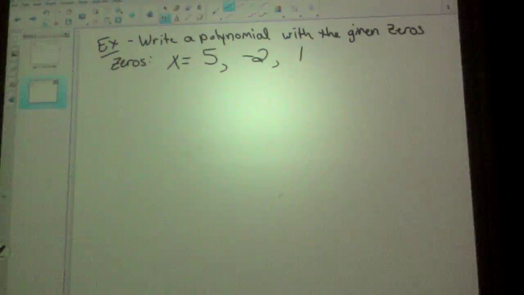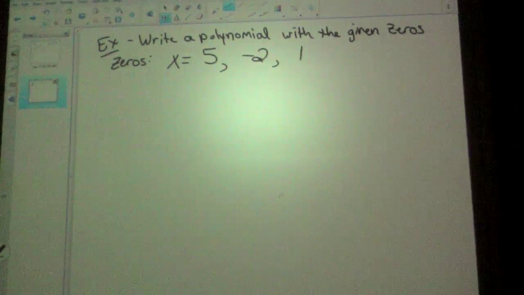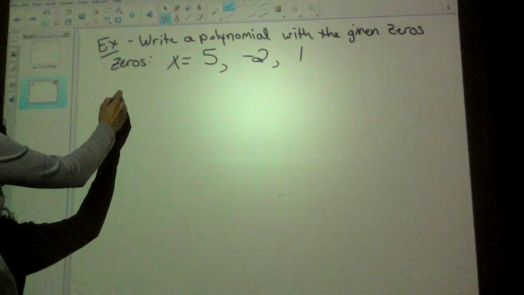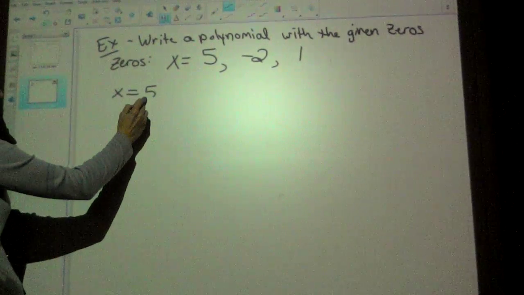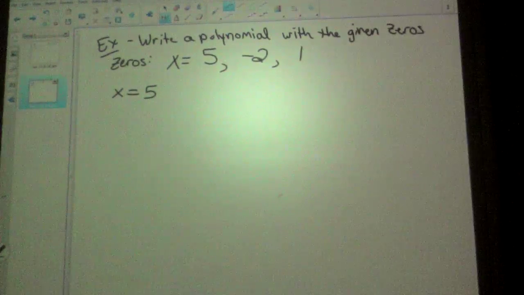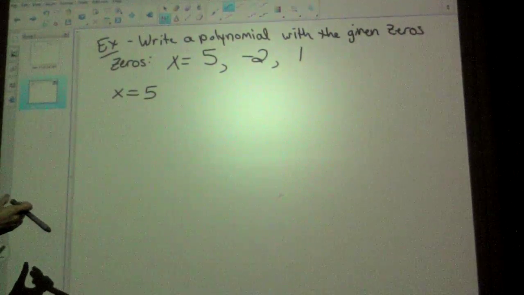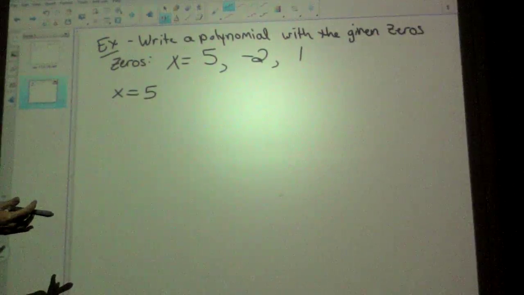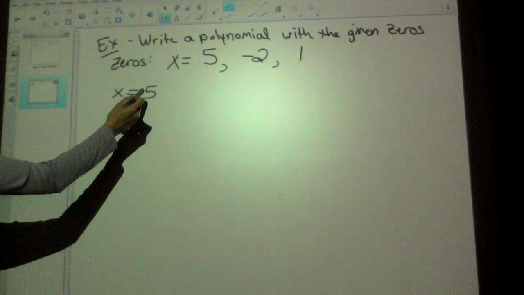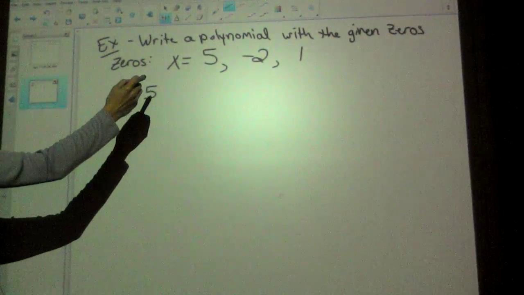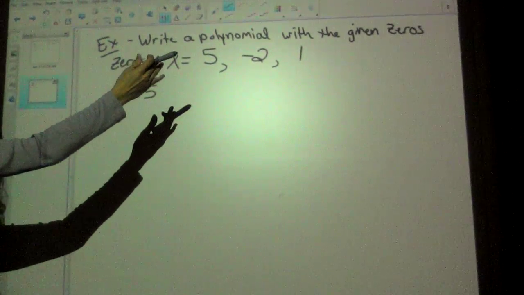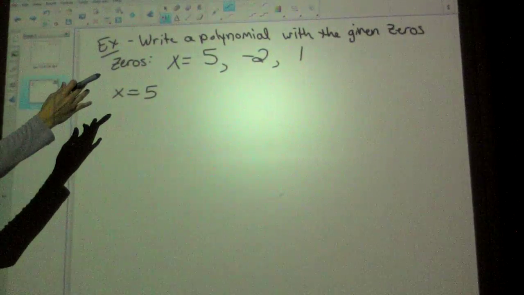If I can write the factors, then all I have to do is multiply the factors together. So, if I have a zero of x equals 5, what's the factor that comes from? Get this equation equal to 0 and you'll have the factor. Okay, so instead of having x equals 5, to get it equal to 0, I would subtract the 5 over to be with the x.